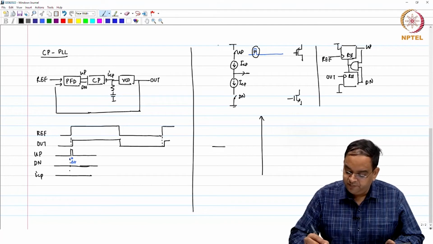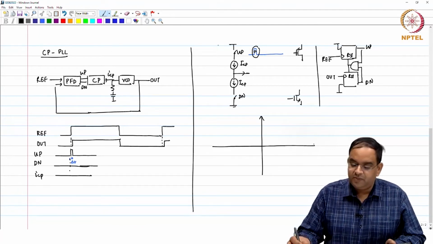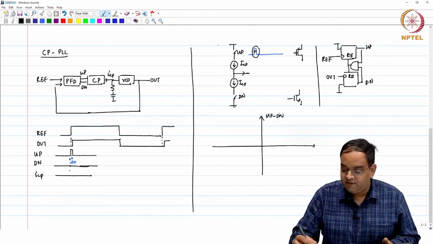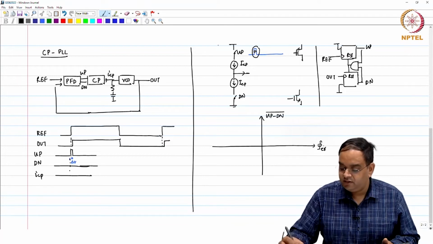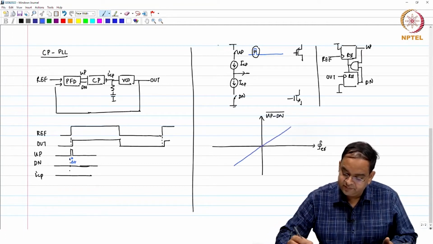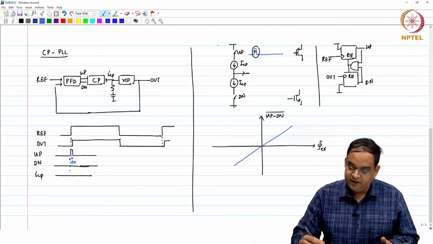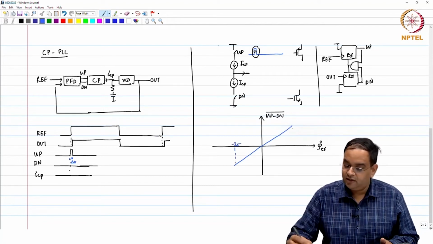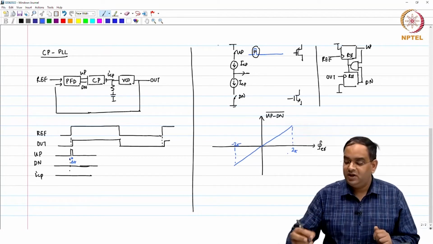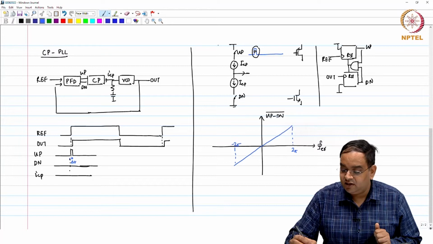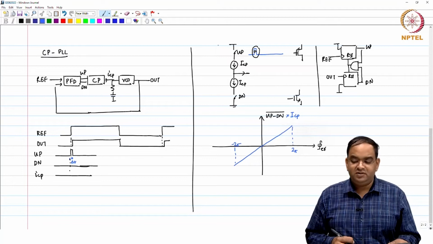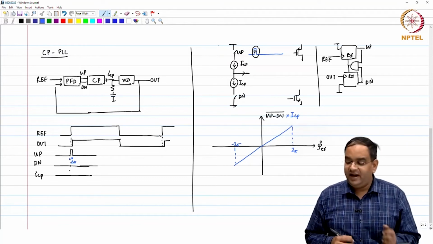So, earlier we saw PFD characteristics like up minus down average versus phase error. Previously, our characteristics were something like this, from minus 2 pi to 2 pi. Now, if we are looking at the combined characteristics of the charge pump, then this is up minus down average times ICP; it will just have the multiplication factor there.